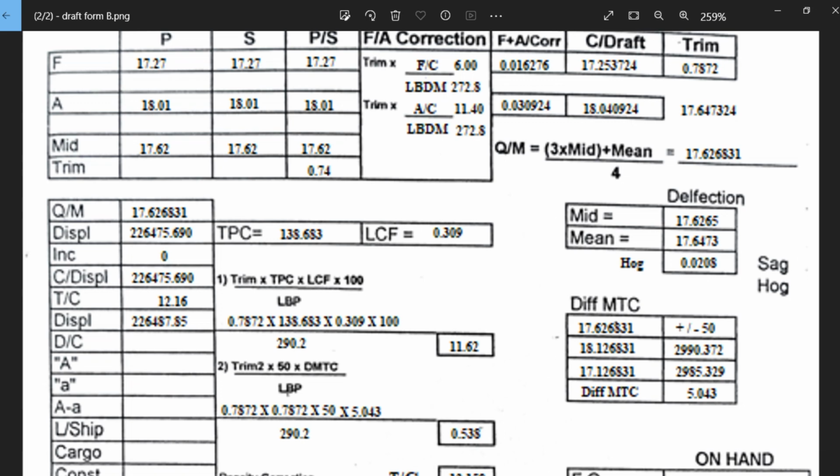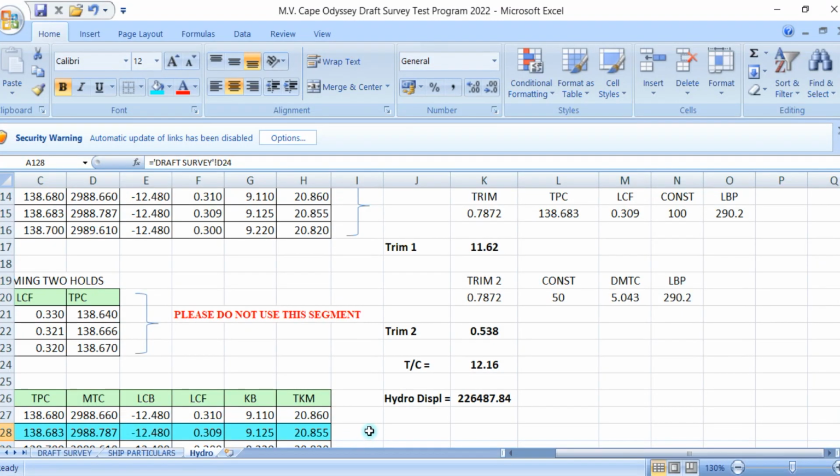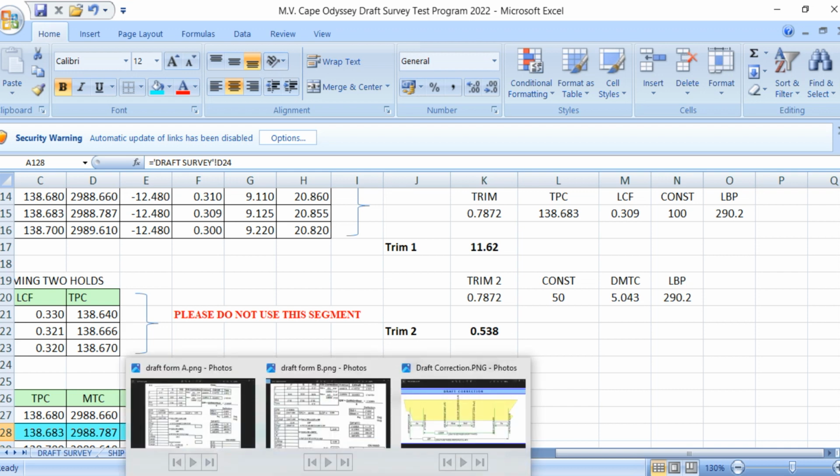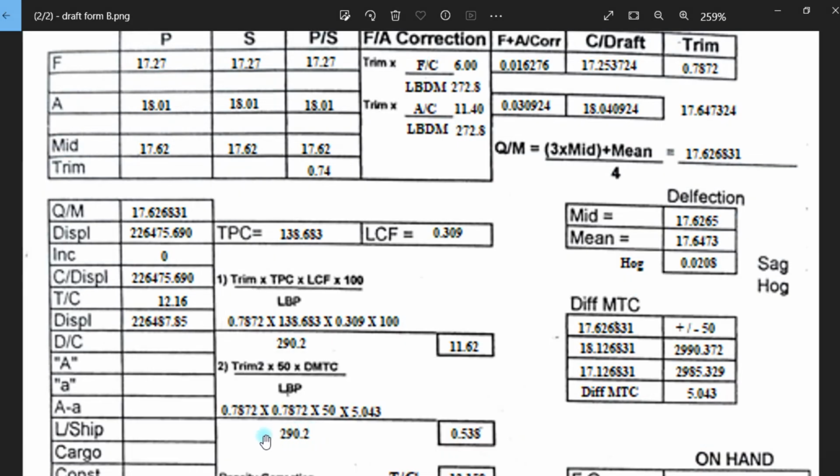We will check, 22648784. What we have here, 22648785. Okay, so almost the same.